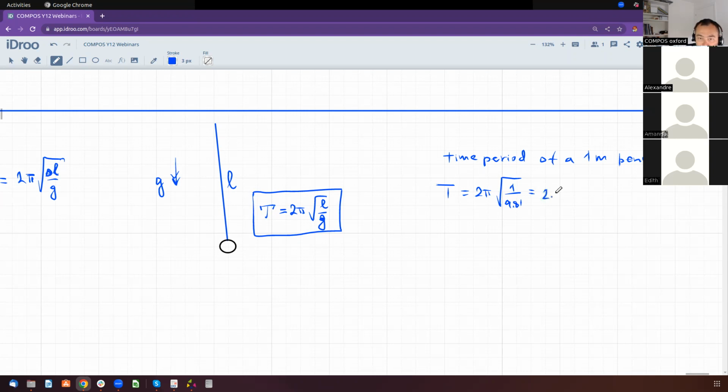That's 2.006. That's how the second was defined. The second was defined as half of the swing of a 1 meter pendulum. Or is it the other way around? 1 meter was defined as the length of a pendulum that took 2 seconds. No, I'm pretty sure it's the other way around. We now have a different definition of second.